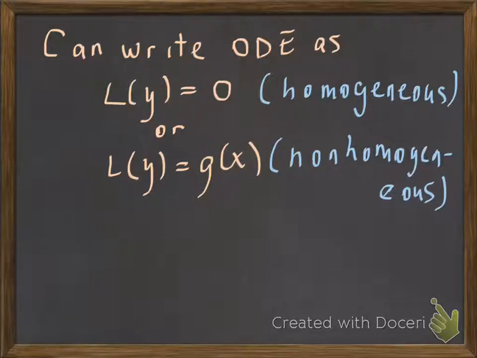Or we can say L of y equals g of x, where g of x is some non-zero function, and that is a non-homogeneous differential equation. In this section, we're going to be interested in the first type, the homogeneous differential equation. Roughly speaking, this is the right-hand side, quote unquote, equals 0.